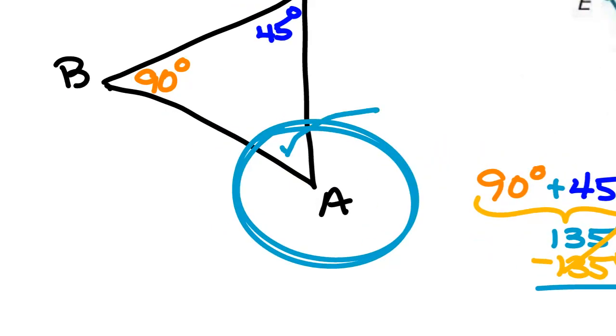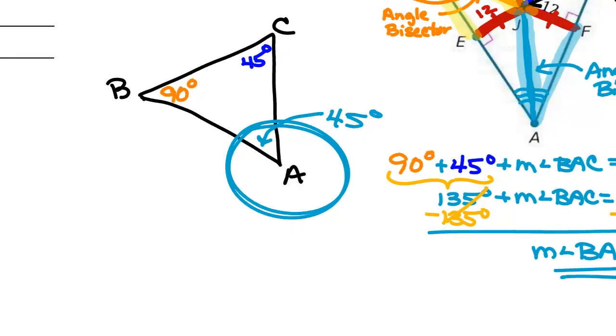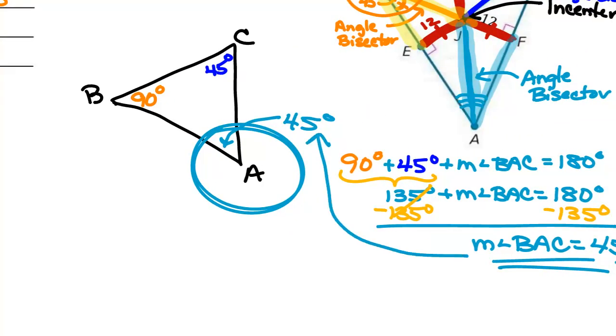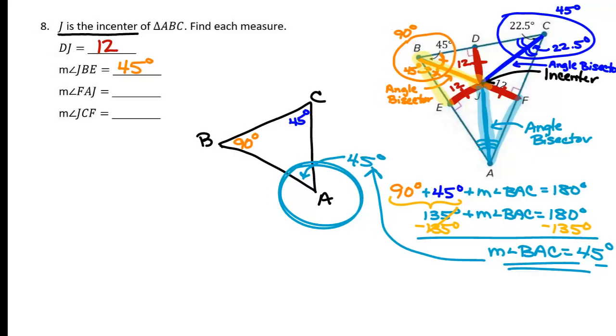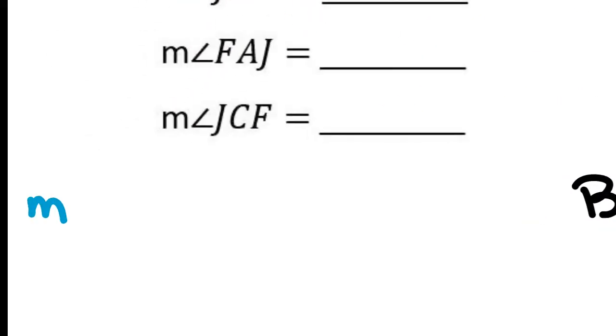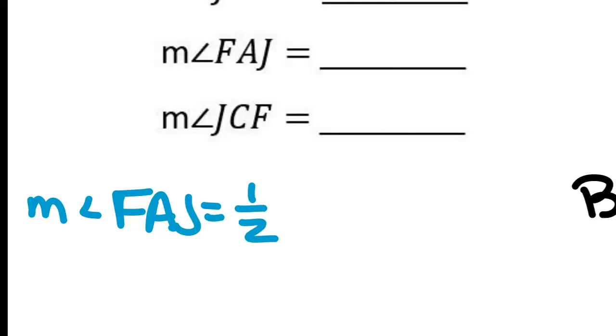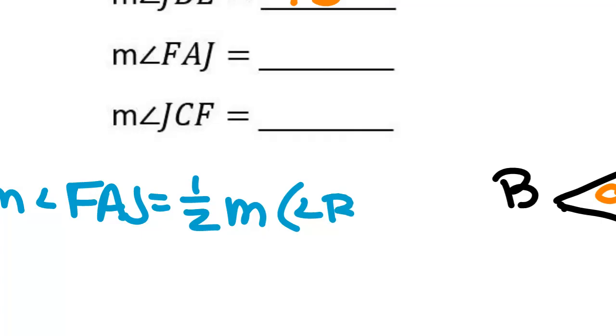So this angle right here is 45 degrees. But that's the whole thing. That's these two pieces put together. So how do I get just this little one? Yes, we're going to divide it by 2. We're going to say the measurement of angle FAJ is equal to half the measurement of angle BAC.